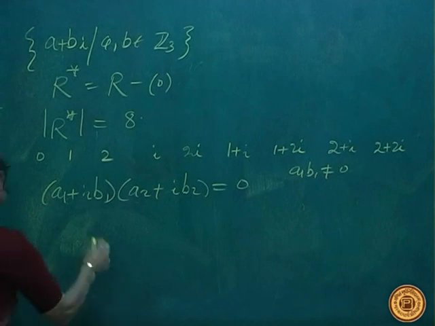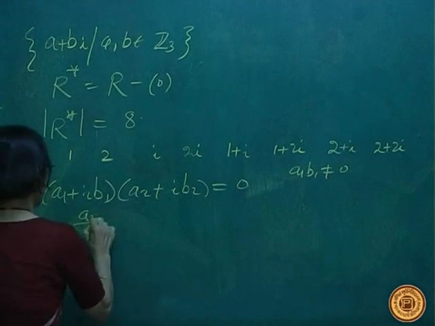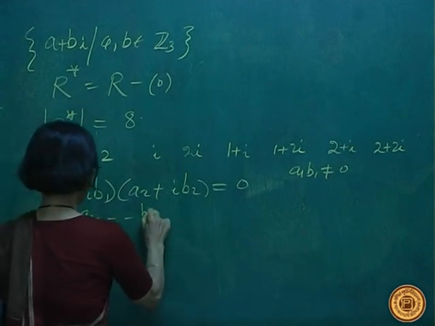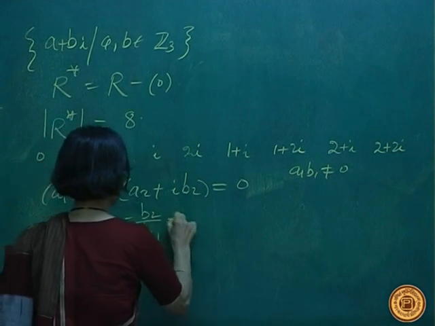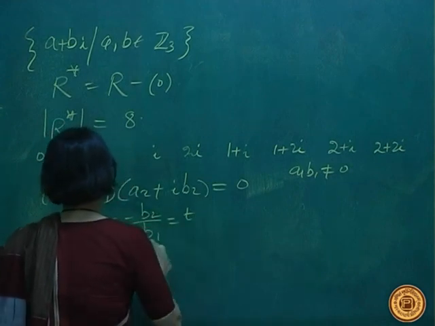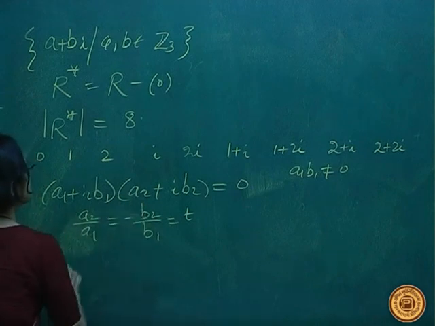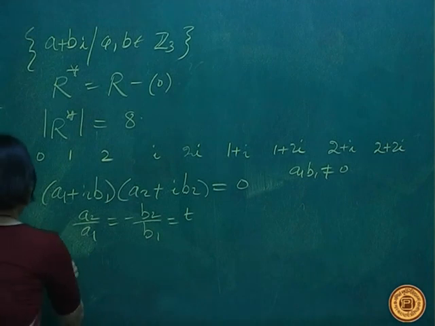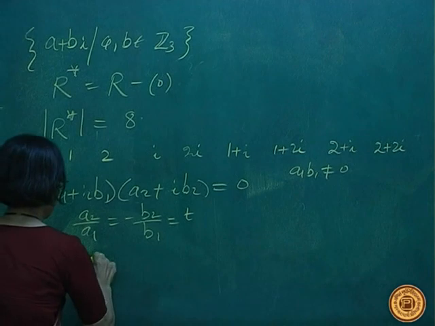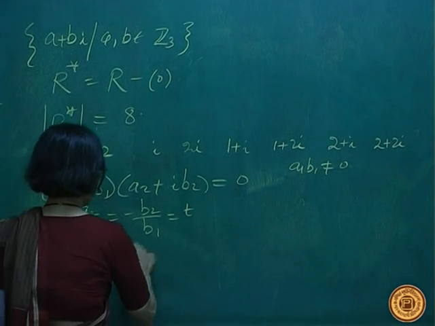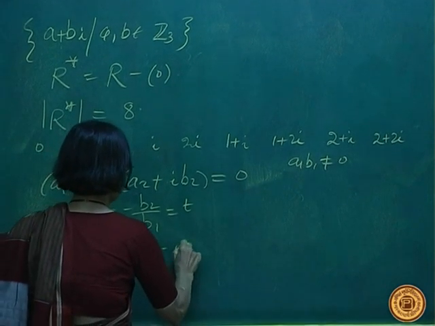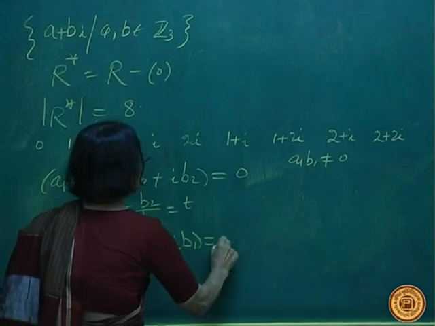And this as usual gives us a2 upon a1 is equal to minus b2 upon b1 is equal to t. So when you substitute here a1, this equation reduces to a1 plus i b1 into a1 minus i b1 is equal to 0.